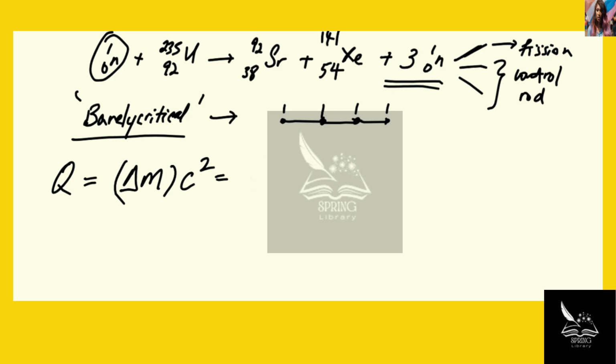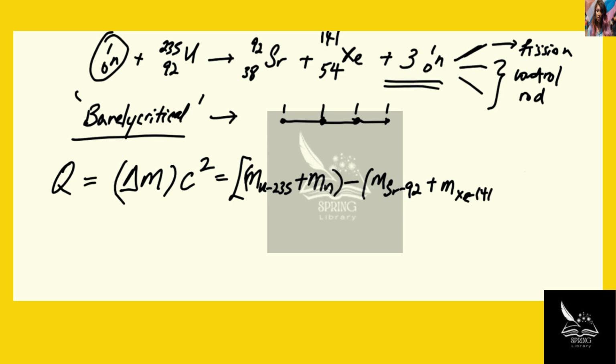So the initial masses are mass of the uranium 235, mass of the neutron, then we subtract away mass of the strontium 92, with mass of the xenon 141, and 3 times of the mass of our neutrons. Then we multiply everything by C square.